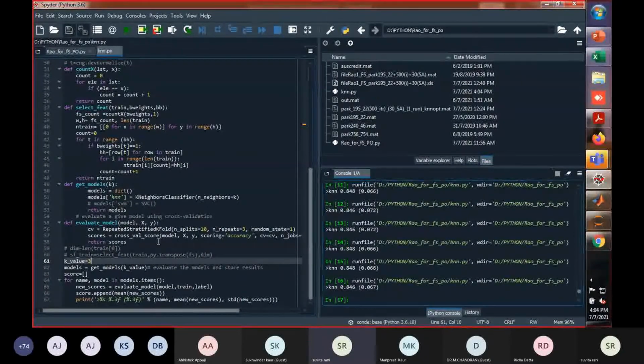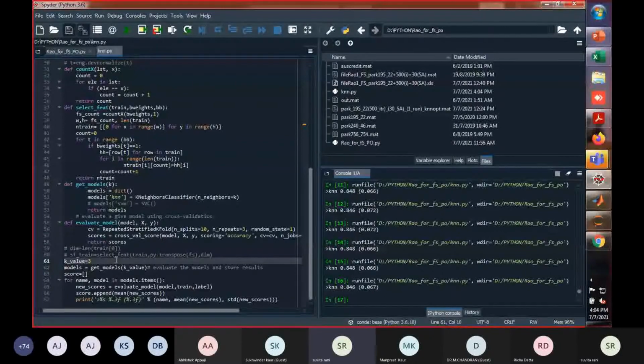Now you see, when we set the value 3, the accuracy is affected, it goes from 84.8 to 84.6. We may set 5, 7, 9 or some other values, and then the accuracy may improve or decrease.